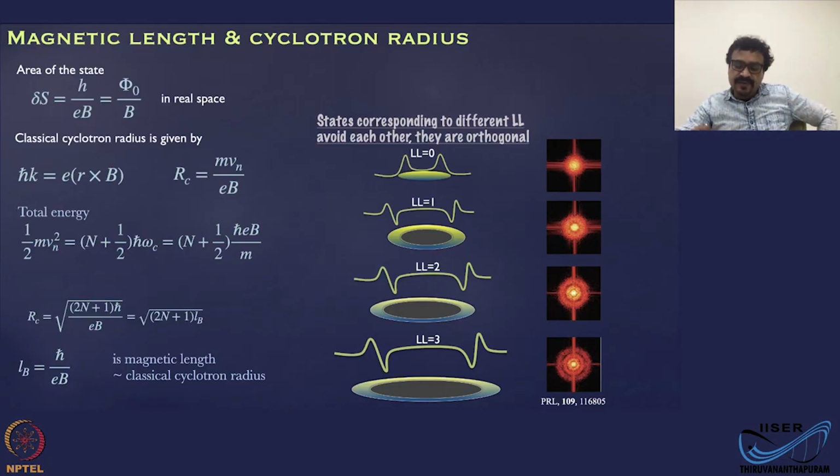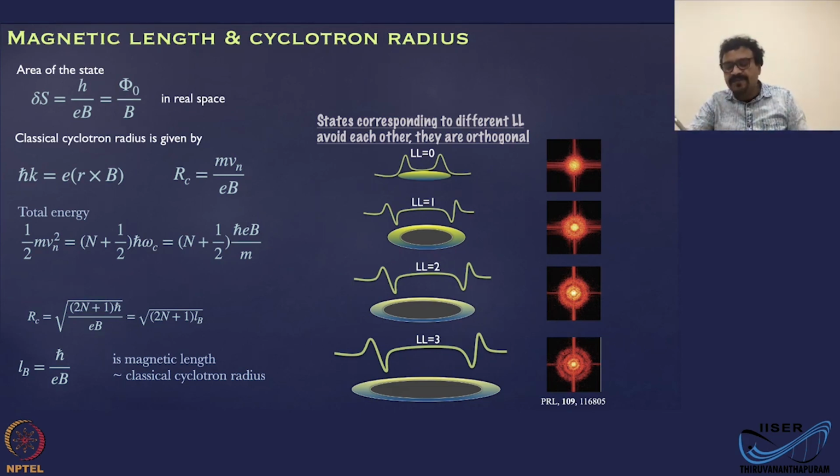And of course, the spread in real space will be inversely proportional to B. When the field is low, it's a larger radius. When the field is increased, the radius will start reducing.